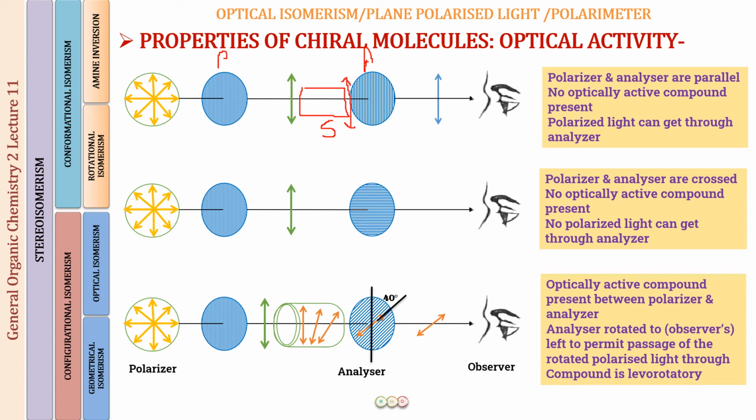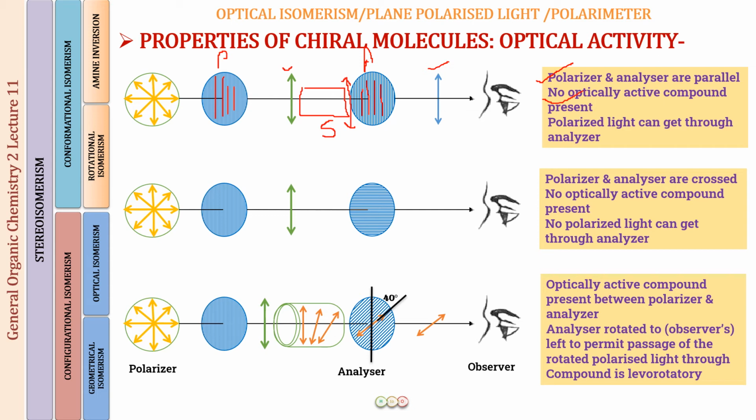And when we pass it through the analyzer, you can see that this is parallel to the polarizer. The slits are just like those in the polarizer, in the vertical fashion. So if the polarizer is allowing these vertical lines to come out, the analyzer will also allow these vertical lines to come out. The polarizer and analyzer are parallel to one another.